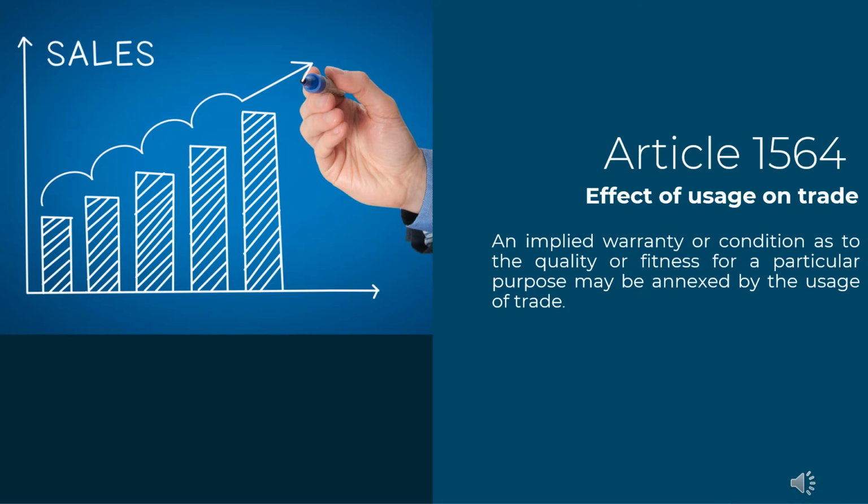So that's the reason why it is important whether there is a usage on trade or not, because if there is no usage, then basically the parties would not really express their intention. So the usage is relied on for the purpose of showing the intention of the parties.